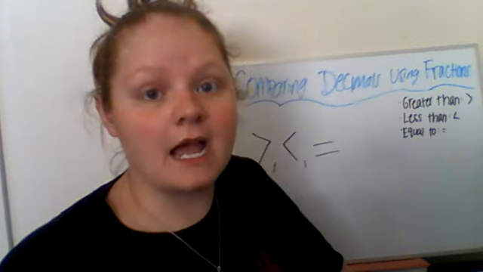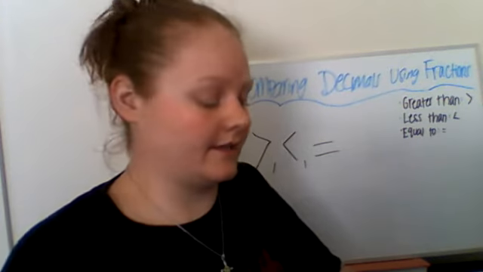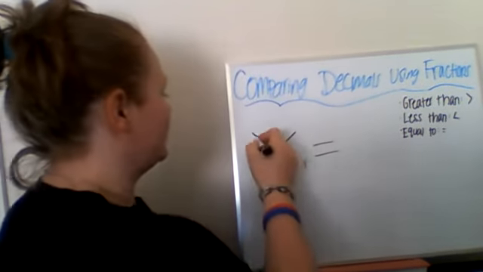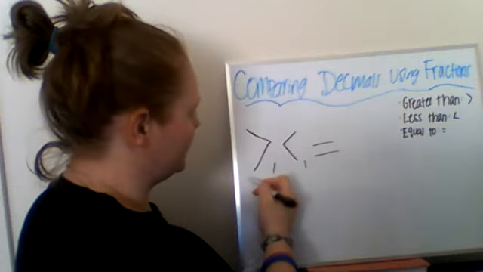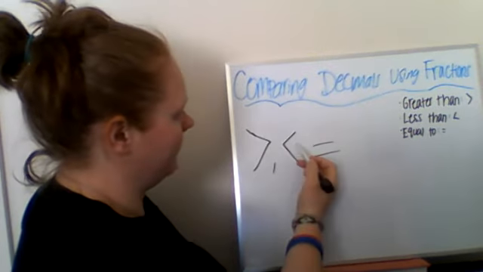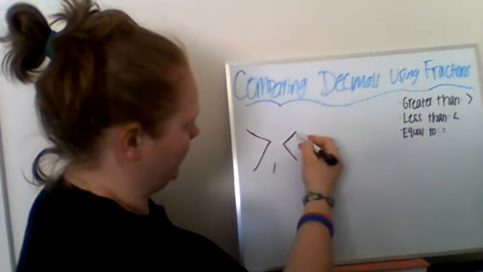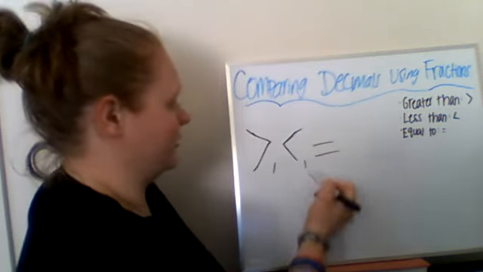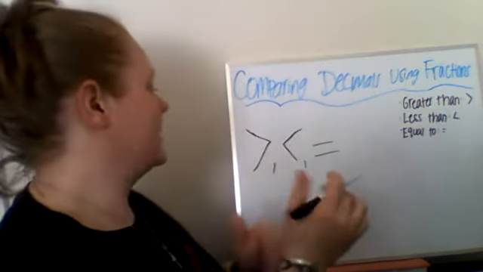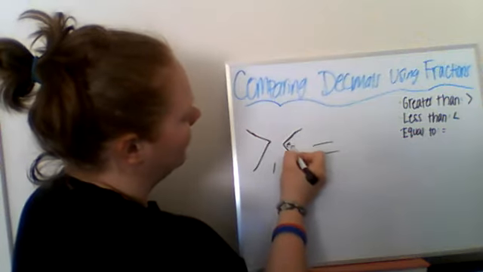The way I remember greater than and less than is, if you notice, I have my greater than first and less than. If I look at my less than right here, you notice there is an L shape, the L is just turned a little bit. When I think of that, I think of less.